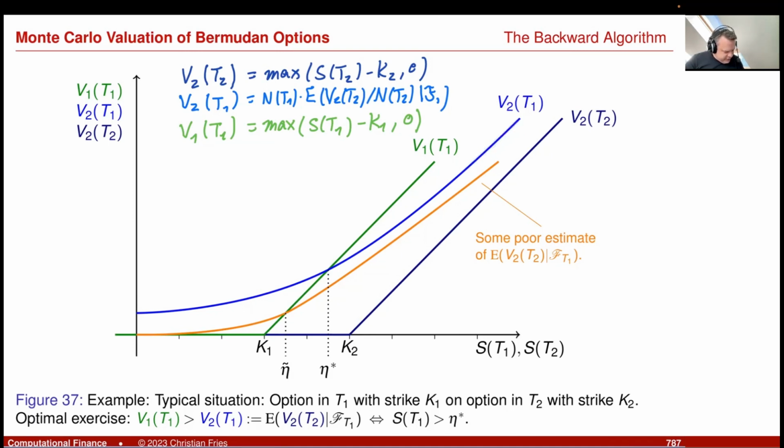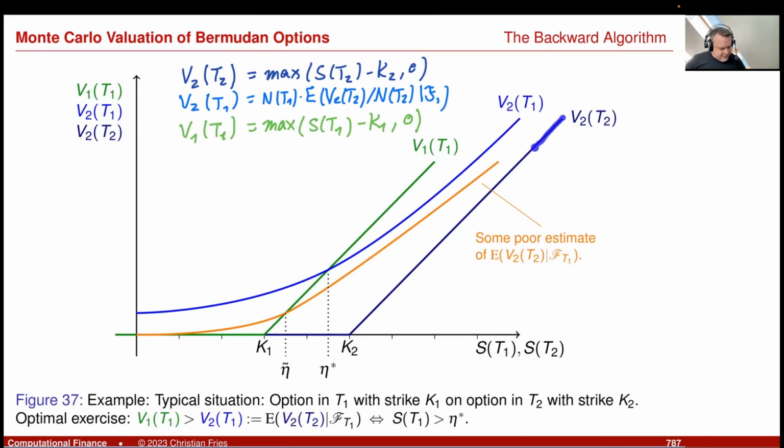And you see there you would exercise at this point here, because you see that the value that you get is actually higher up to this point. So if you take the estimate only in the decision, I assume that my Monte Carlo simulation can calculate the blue line here correctly by taking the unconditional expectation of the future underlying.